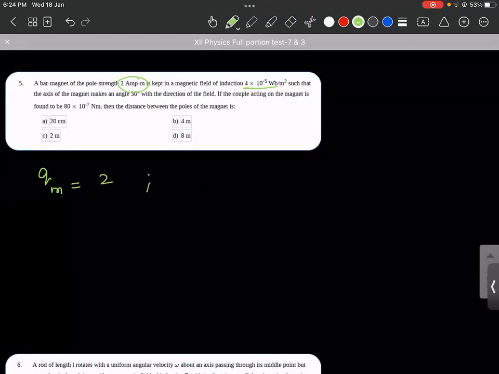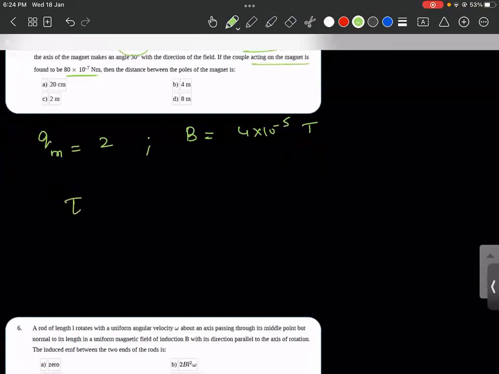Such that the axis of the magnet makes an angle 30 degree with the direction of field. If the couple acting on the magnet is found to be 8 into 10 power minus 7 Newton meter, then the distance between the poles is.